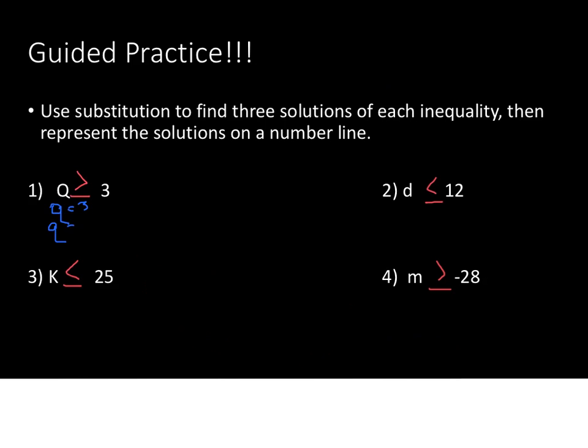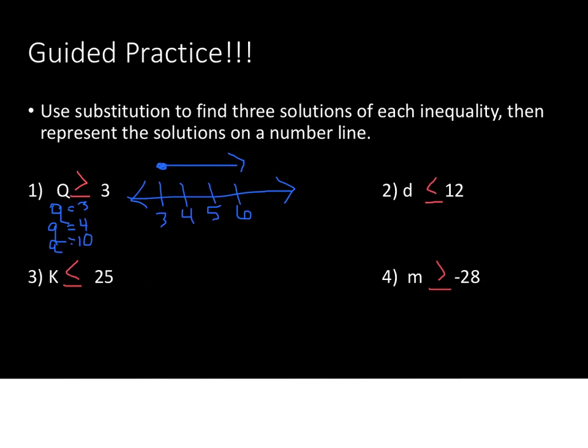Q could also be equal to 4, or Q could be equal to 10. And the way that I would plot this on a number line, so I'm going to start with 3. And again, I'm filling in my circle, drawing my arrow to show everything greater than or equal to 3 could be in my solution set.